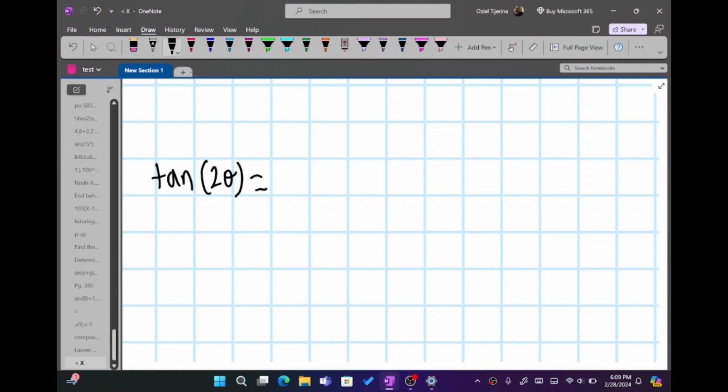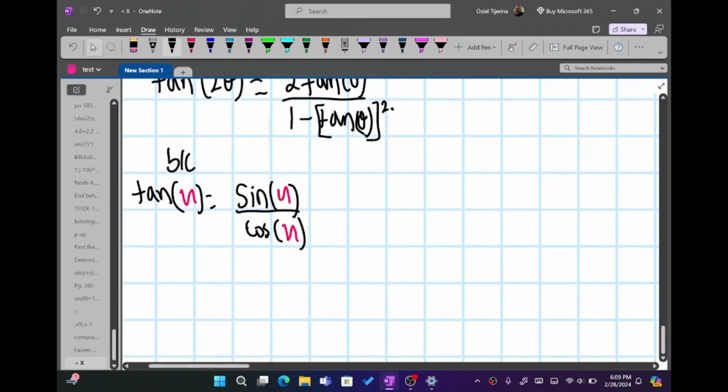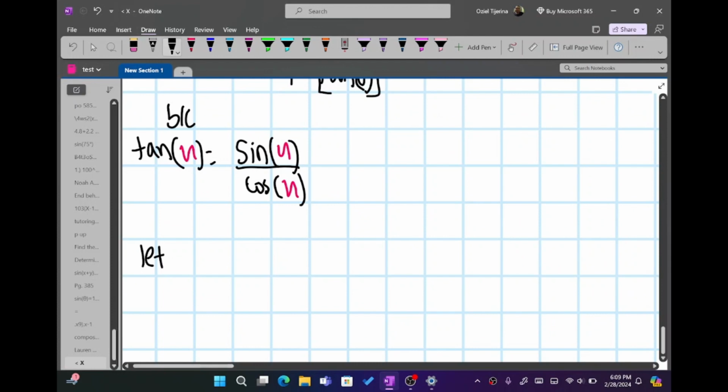With tangent of 2 theta, we know that this is 2 tan theta over 1 minus tan squared theta. However, because tangent of u is equal to sine of u over cosine of u, let u equal theta.